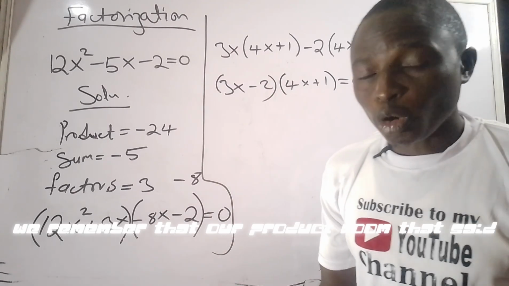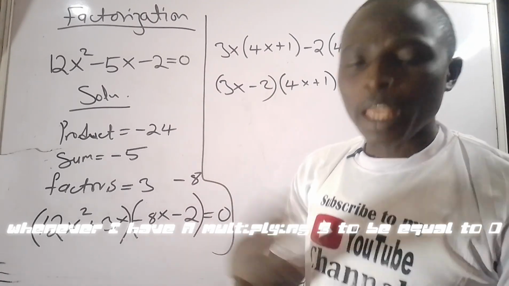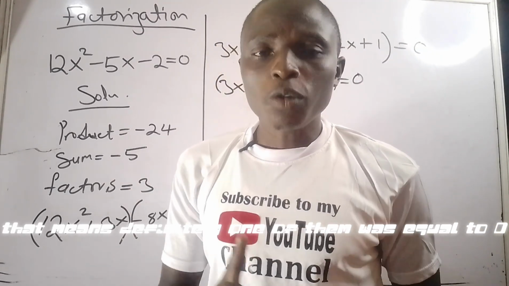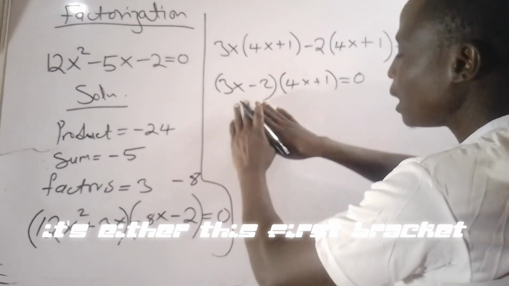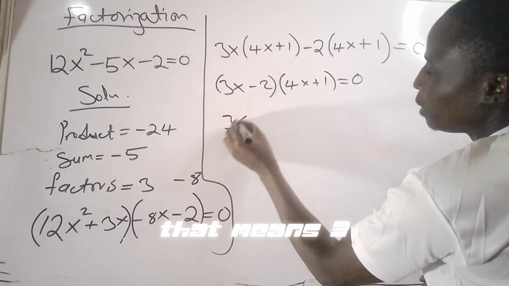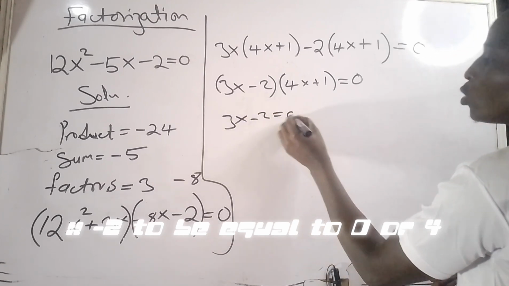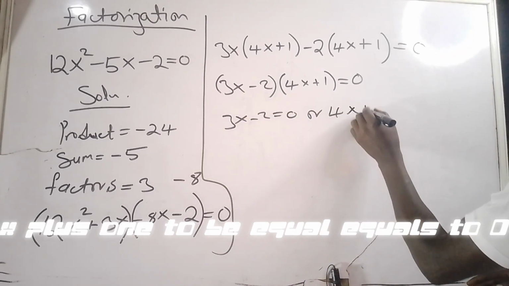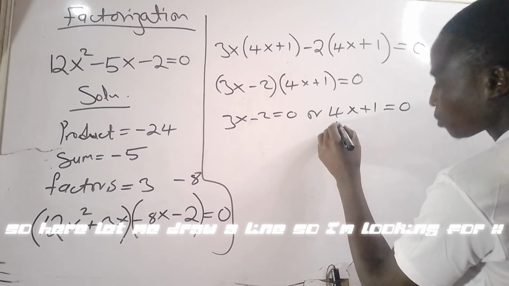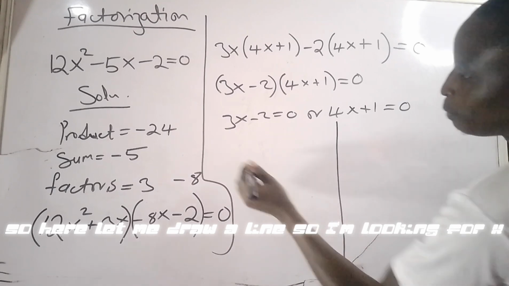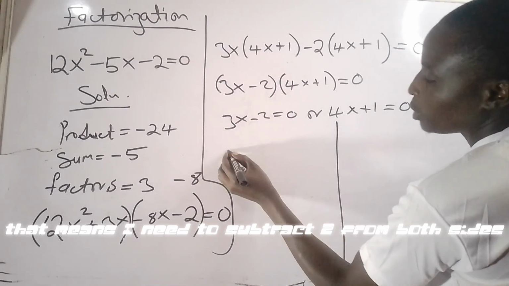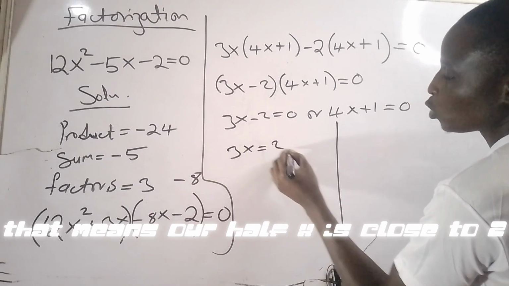We remember our product rule that says whenever A multiplying B is equal to 0, it means definitely one of them must be equal to 0. It's either the first bracket or the second bracket is equal to 0. That means 3x minus 2 equals 0, or 4x plus 1 equals 0. Here, let me draw a line. I'm looking for x, so I need to add 2 to both sides. That means 3x equals 2.